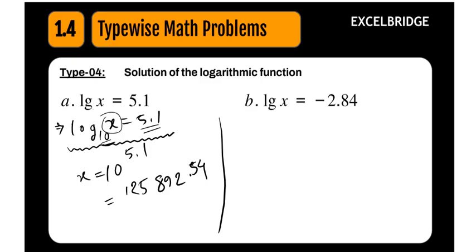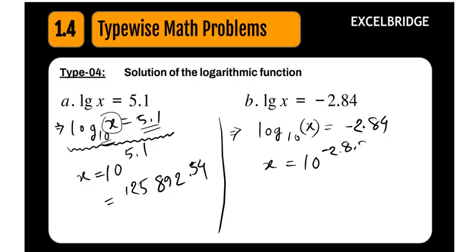Okay, fine. So the next is a similar problem, log base 10 of x equals minus 2.84. So x is the value of the exponential, 10 is the base, and the exponent is minus 2.84.